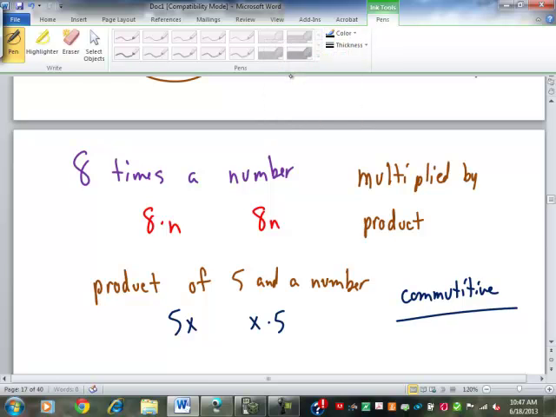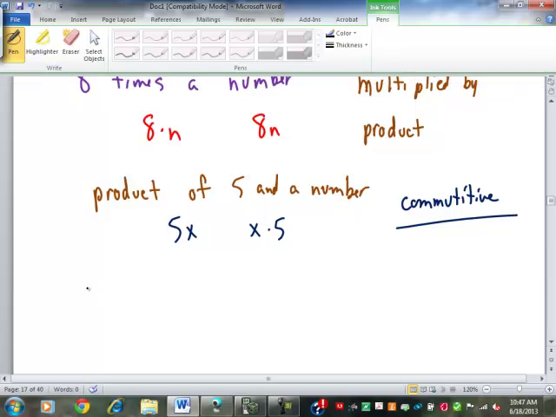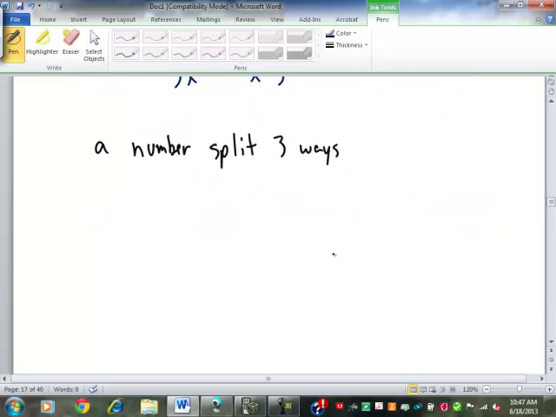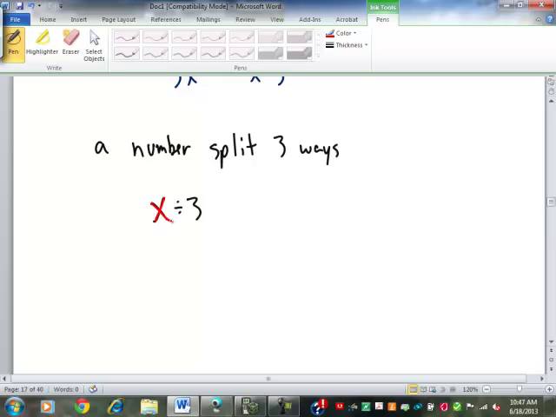Now when we switch to division, however, it does change up. We might have a phrase like a number split 3 ways. Well, that's going to be x divided by 3. And I can either write it that way, x or n or whatever letter I want to use, divided by 3, or I could do x over 3, which means the same thing.